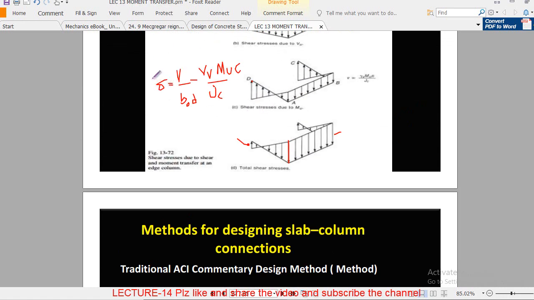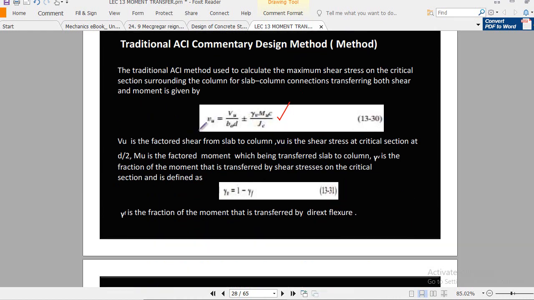This stress is not that linear stress. This is basically shear stress, and we will find that shear stress due to unbalanced moment due to eccentricity.